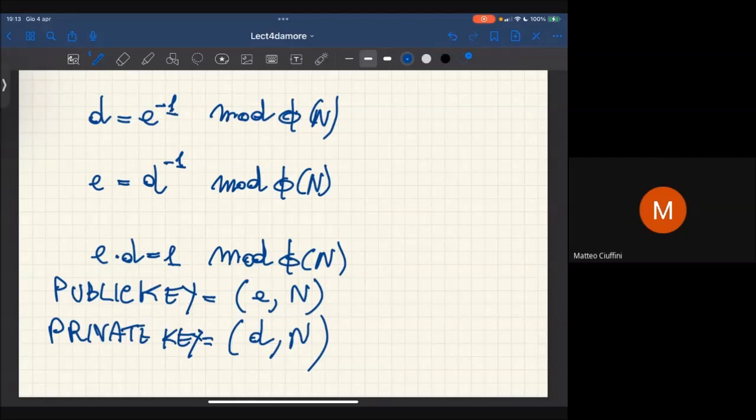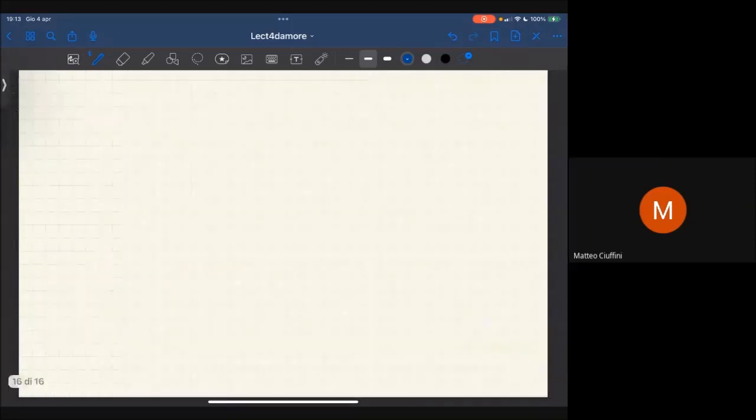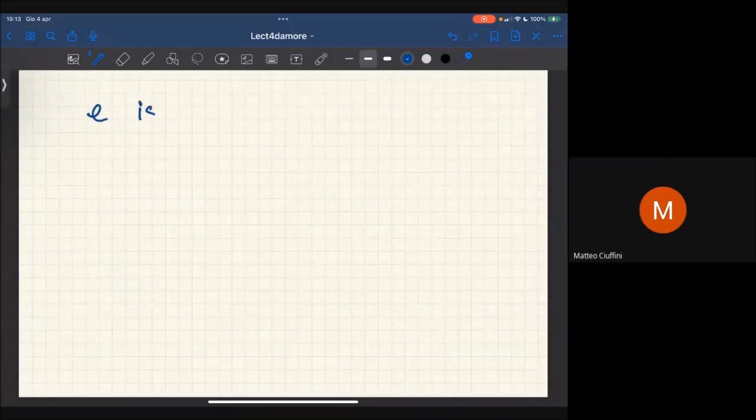And the private key is basically this number. By definition, it is the pair D, n, but the very secret part is D, because it is the multiplicative inverse of E. Notice, please, that E is public by definition.